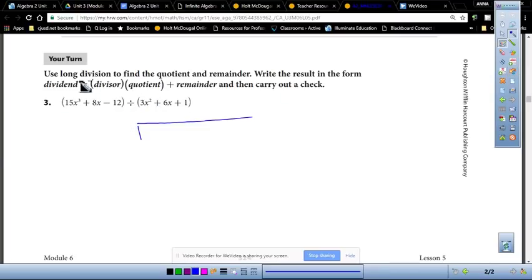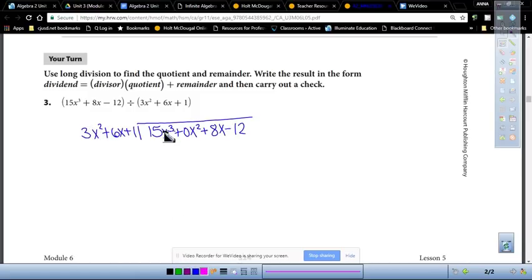I'm going to take this, but notice it's missing a term. It's missing my term of x squared. So since it's missing that term of x squared, I say it has 0x squared. Then 8x minus 12. Now I go ahead and put my divisor on the outside. 3x squared plus 6x plus 1.